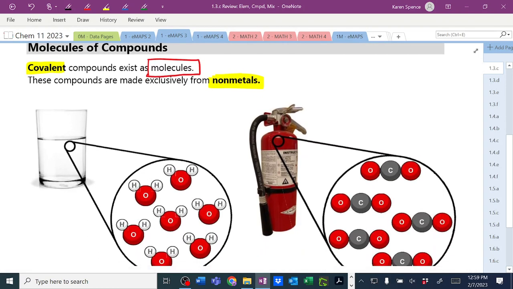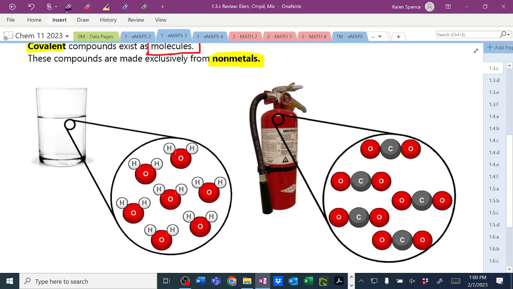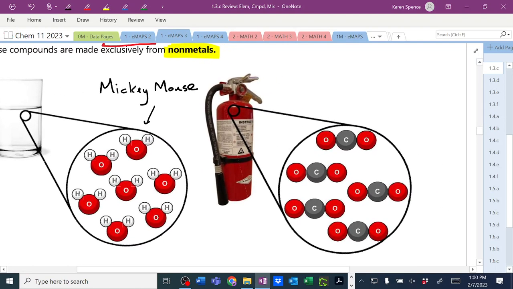If we could zoom in on the water, we would see little water molecules which look a lot like Mickey Mouse. Water is the Mickey Mouse molecule. It's got the face, two little ears on the top, okay? The Mickey Mouse molecule. Carbon dioxide, which is what you would find in a fire extinguisher, on the other hand, is a linear molecule.